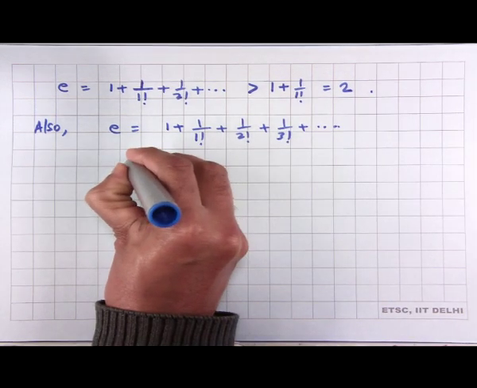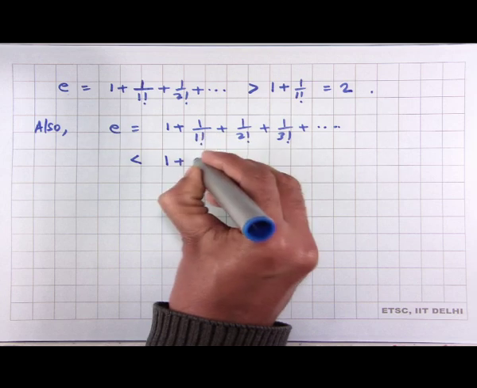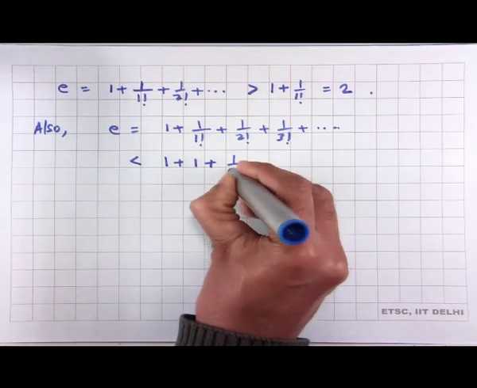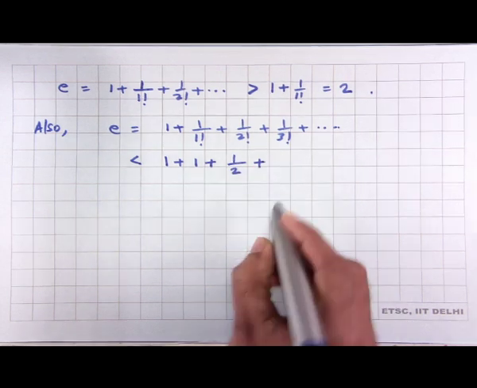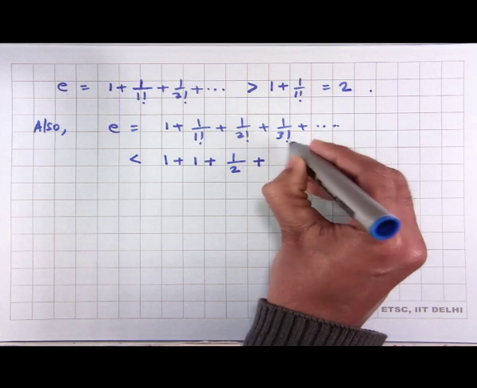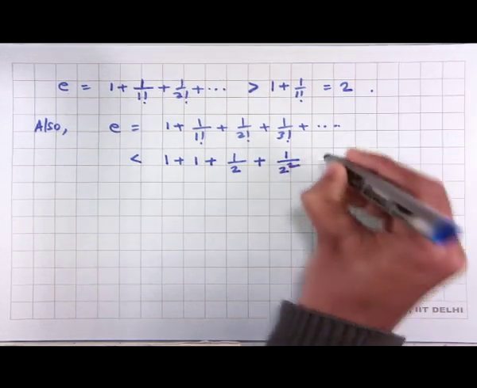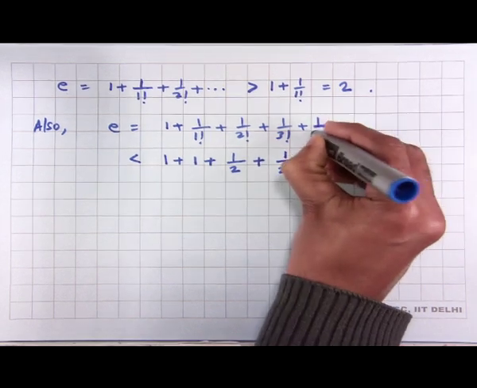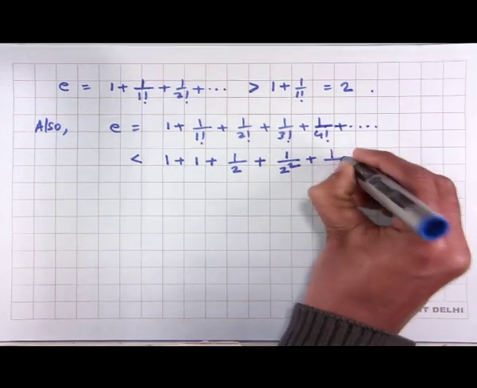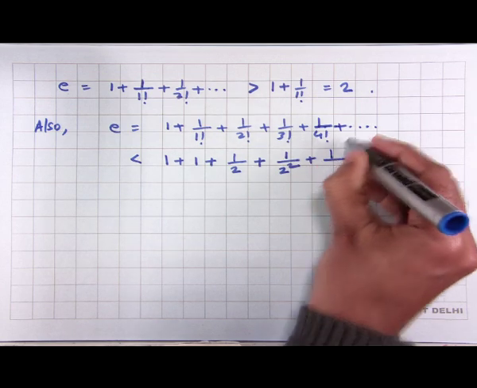we can write this as, this is less than 1 plus 1 plus 1 over 2 factorial, which is same as 1 over 2, plus 3 factorial is 3 times 2, so this is less than 1 over 2 square, and then let me write one more term, 1 over 4 factorial. 4 factorial is 4 times 3 times 2, that is bigger than 2 times 2 times 2, which is 2 cube.